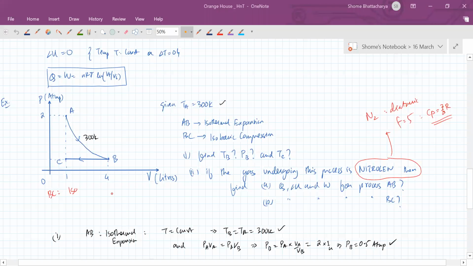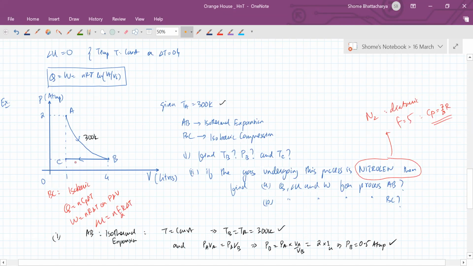Just a moment, I'll share the file again. Okay. So in isobaric process we use the formula Q is nCp delta T. W is nR delta T or P delta V, and delta U is nf by 2R delta T or nCv delta T. Okay.